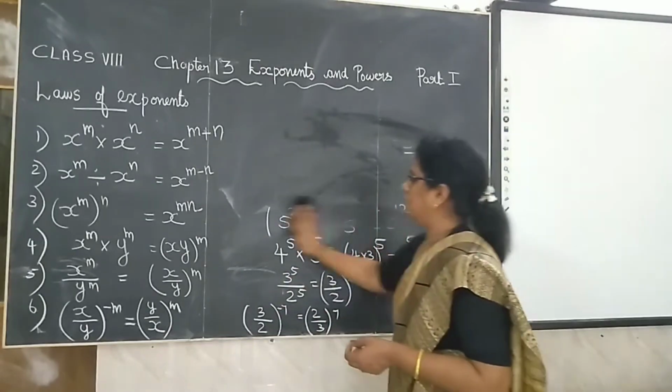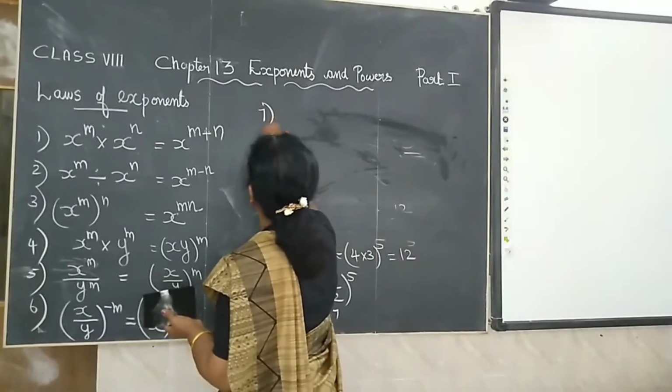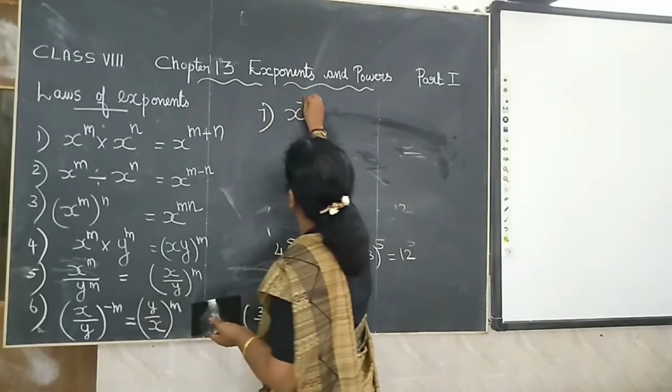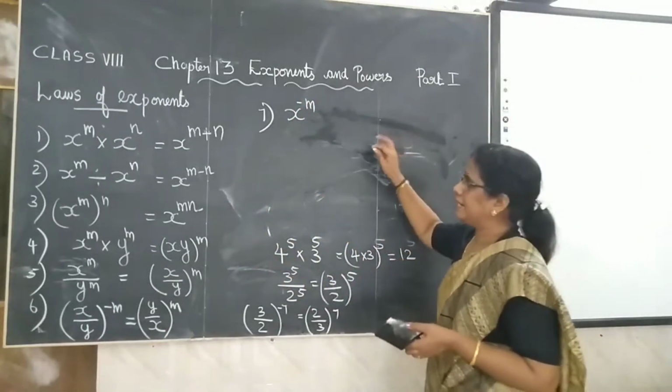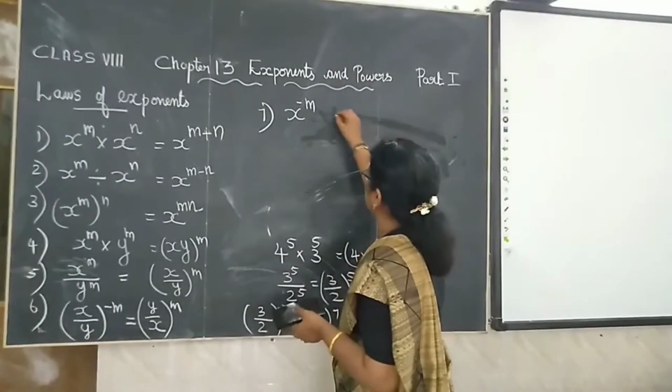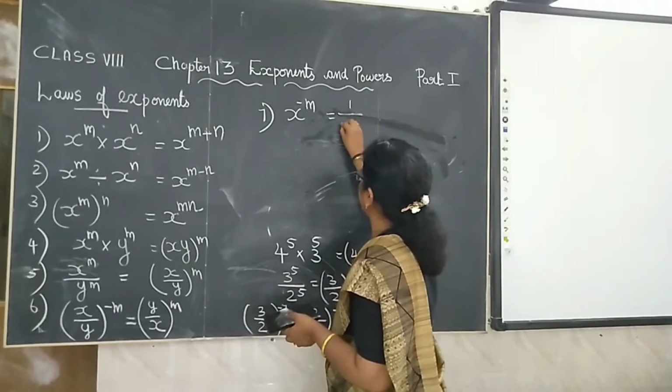The next law, the 7th one, is x raised to minus m. If the power of a number is negative, we can change it into positive. That is 1 by x raised to m.